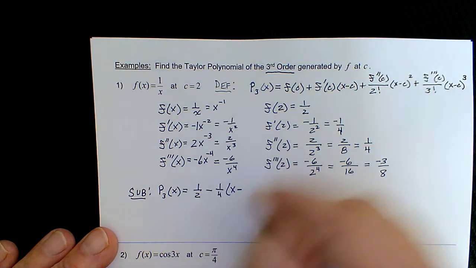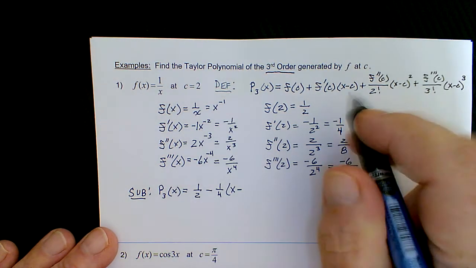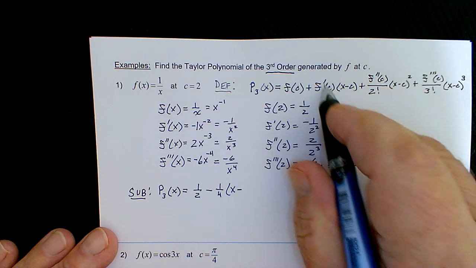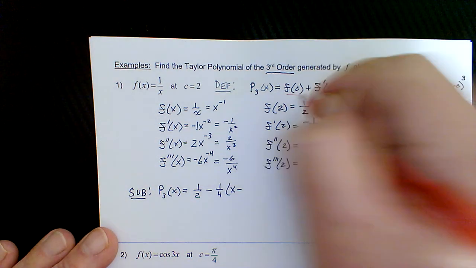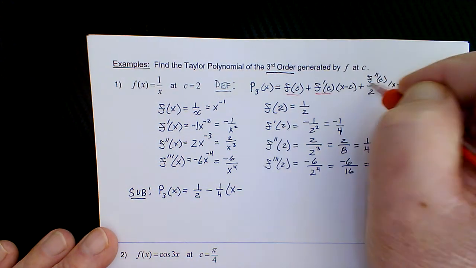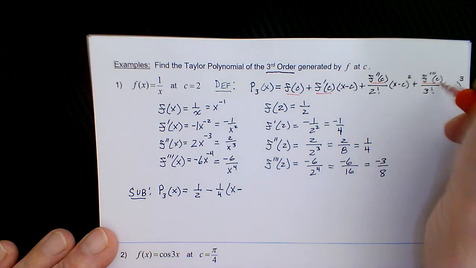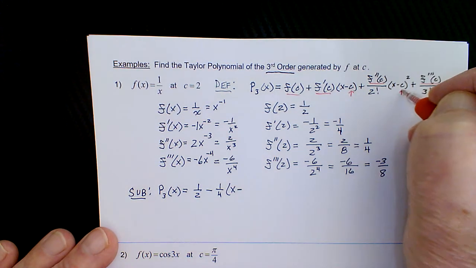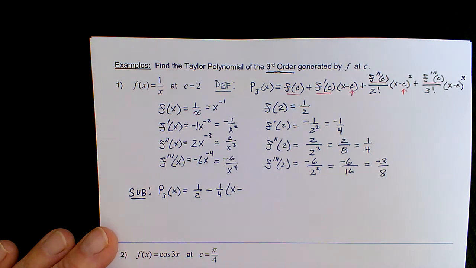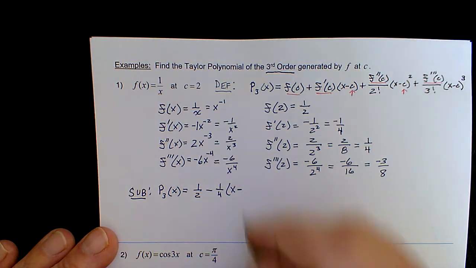So make sure in this formula x is the only thing that stays, so substitute in the function and its primes evaluated at that value of c, and so what we're substituting in is the function and its derivatives evaluated at c, and then don't forget to substitute in the values of c as well. But again, the x's stay to define the polynomial.